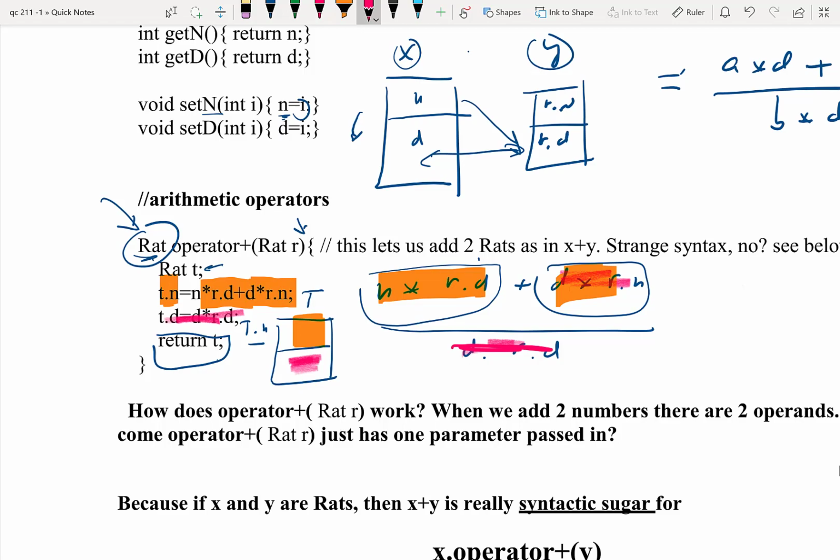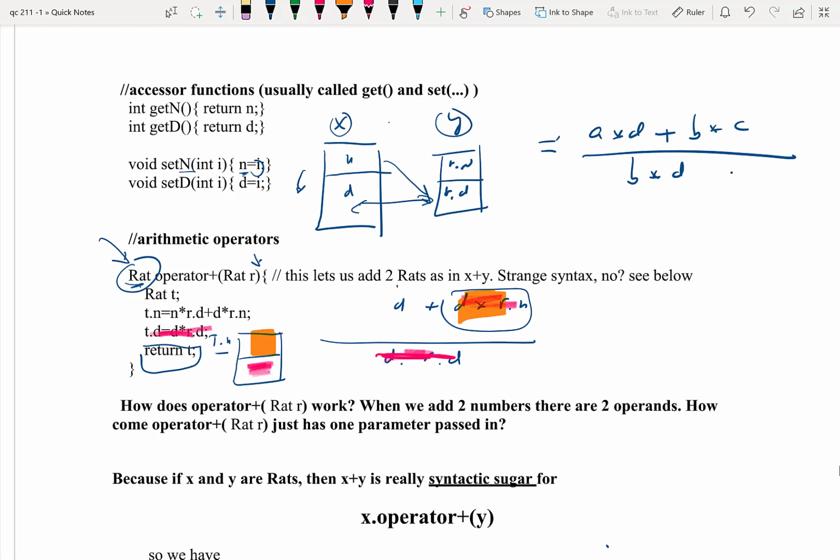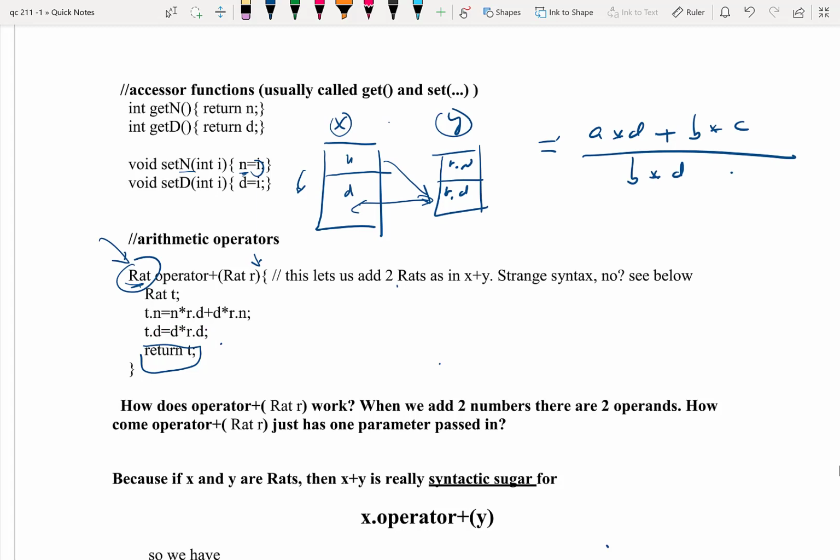Okay? Let me do a quick run through of this so it makes more sense. Let's say it again. If I want to add two rats, and the rats are called x and y, and I say x plus y, that really becomes x dot operator plus of y.